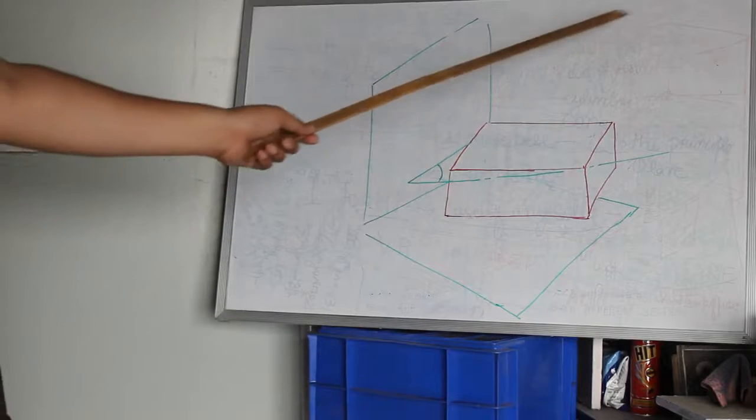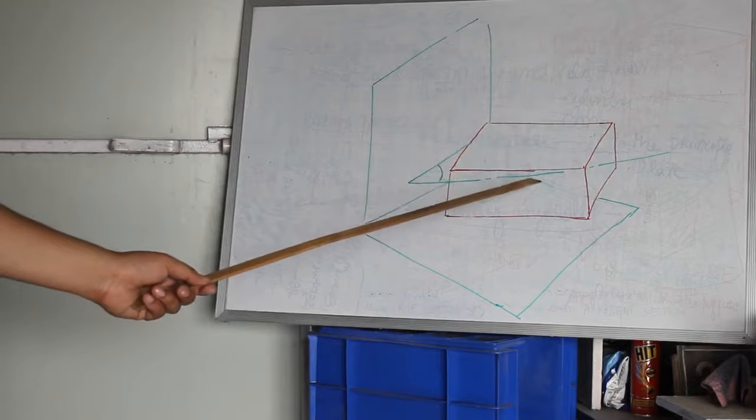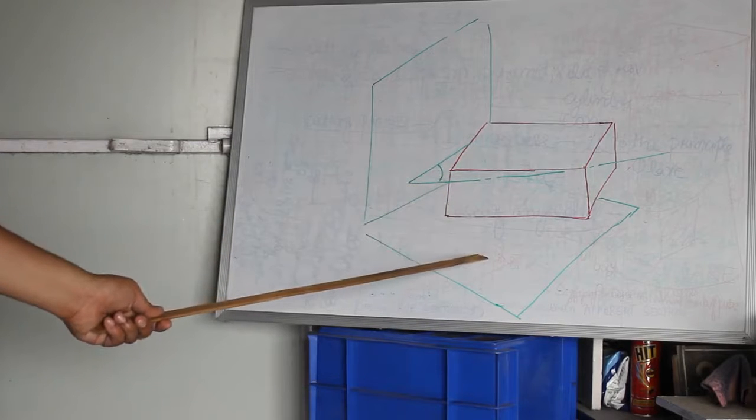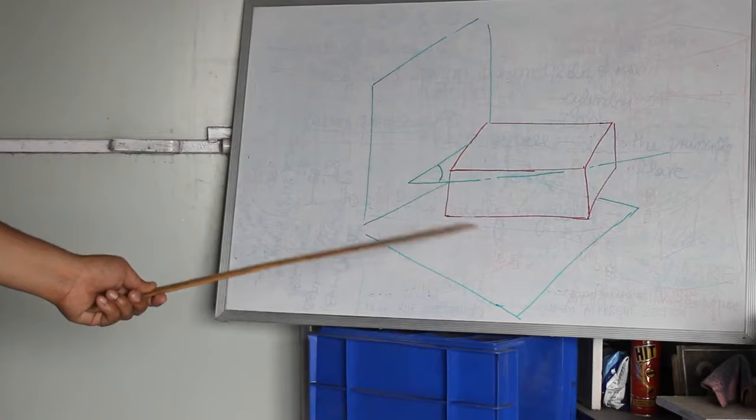So the first assumption or the orientation is that the solid axis is inclined to the vertical plane, with the solid axis parallel to the HP.